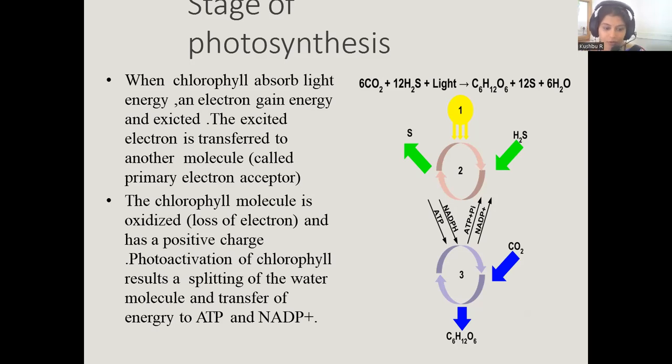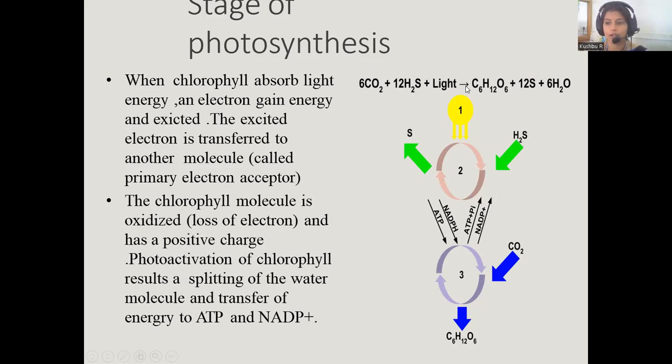By the product of your photoactivation reaction, that is the splitting up of the water molecule, they produce ATP and NADPH. Here, in the presence of carbon dioxide and water or hydrogen sulfide and light, a glucose molecule is produced.